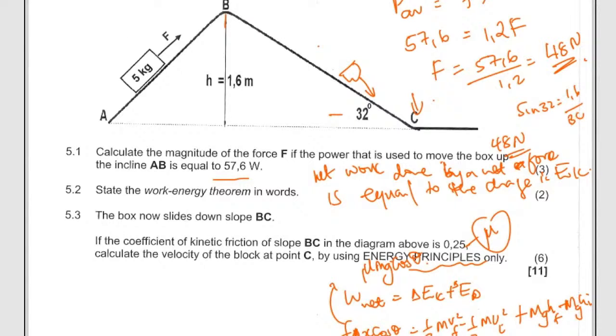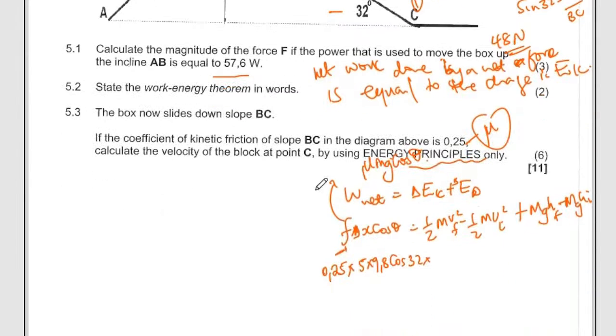So BC is going to be 1.6 divided by the sine of 32. It gives me a 3 something. So my displacement is 1.6 over sine of 32, and then we multiply by the cos of theta, which is cos of 180 since friction is in the negative direction.